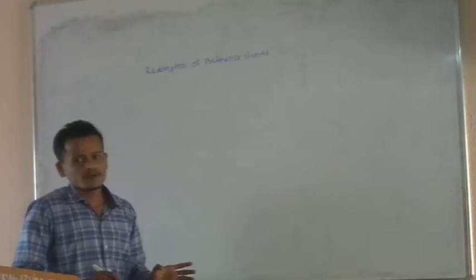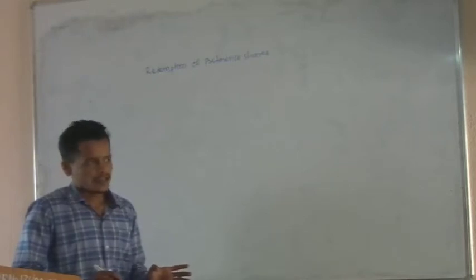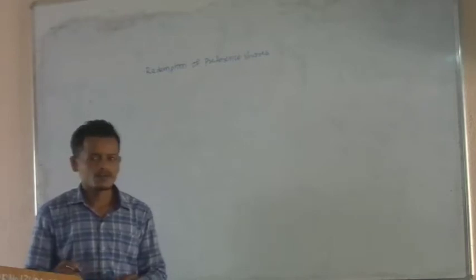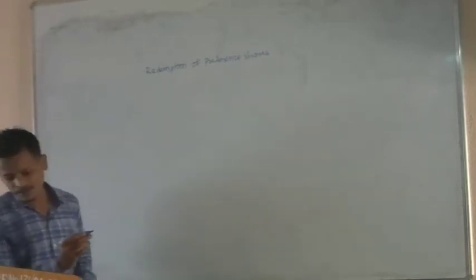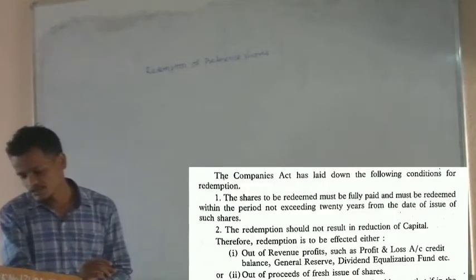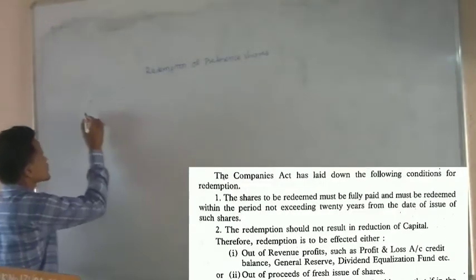So every company can redeem the preference shares with the help of two ways. The first method which is used to redeem the preference share is redemption out of profit.